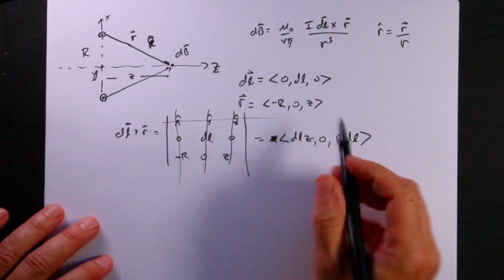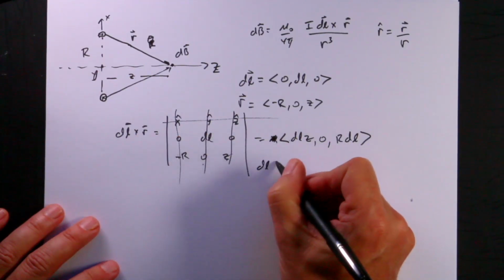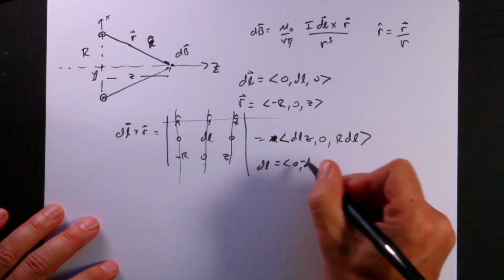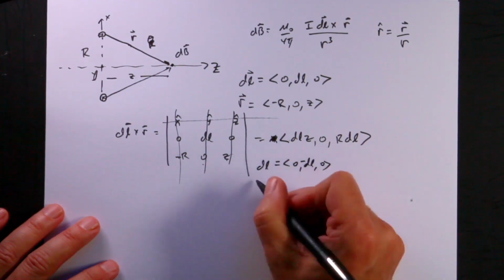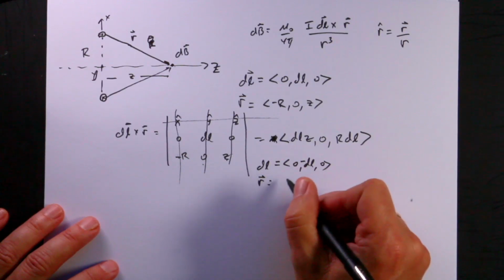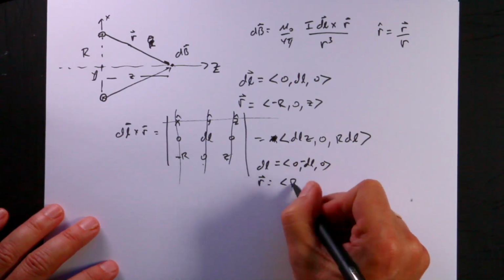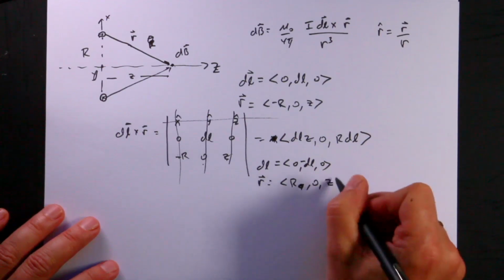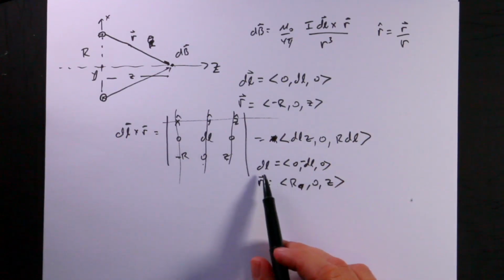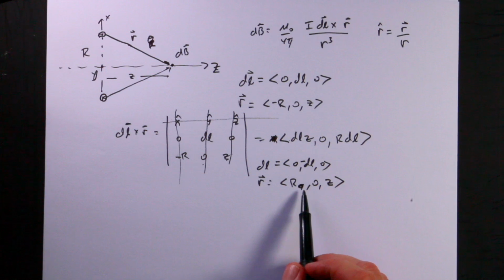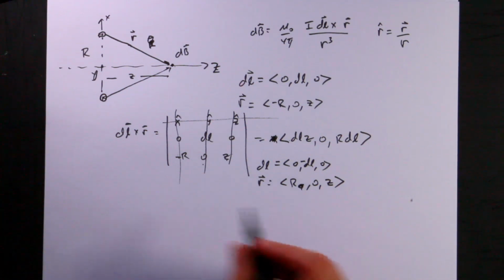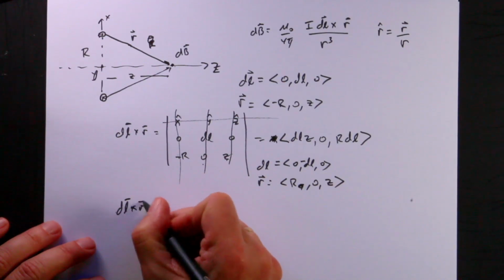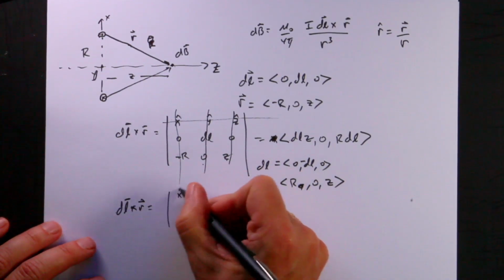So this bottom piece has dl equal to 0, negative dl, 0, and r is equal to r, 0, z.